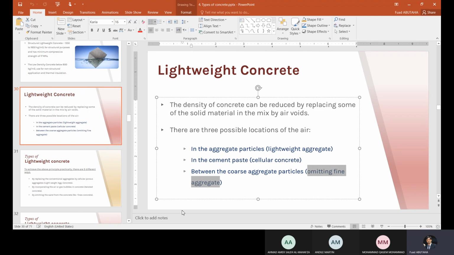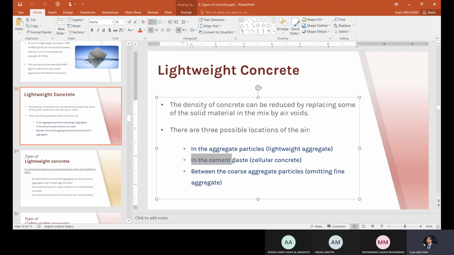The normal concrete is cement, water, aggregate. Aggregate can be fine aggregate and also coarse aggregate, sand and gravel or big stone. So we don't use sand at all. We only use cement, water, and coarse aggregate. So we eliminate the weight of the sand. So this is also one of the methods to produce lightweight concrete.